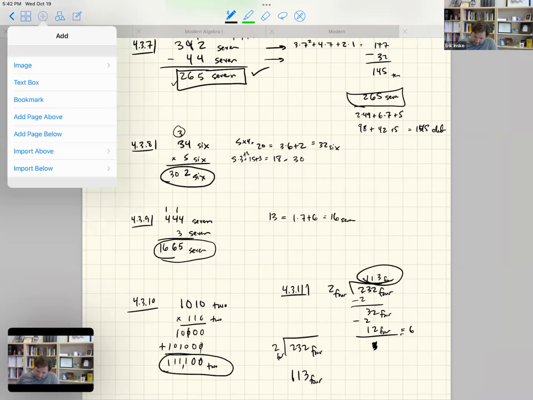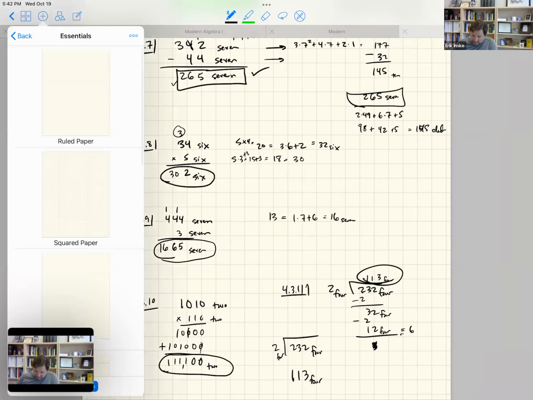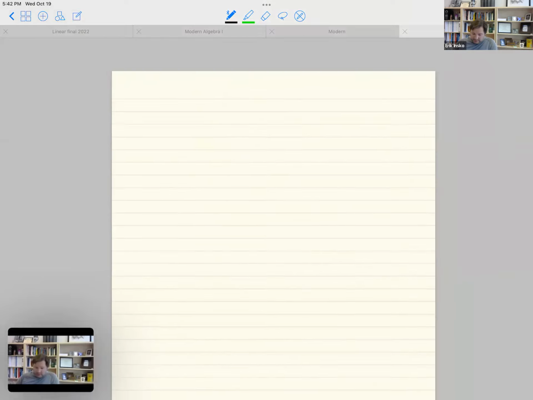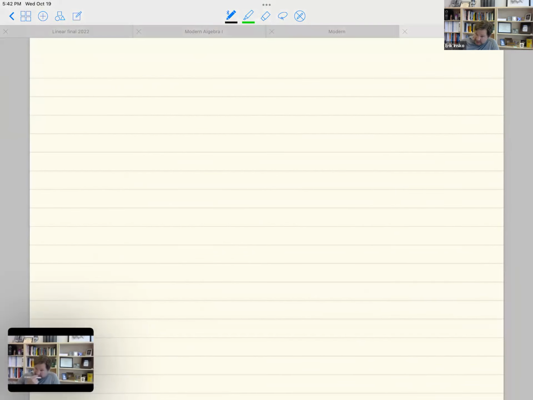Okay. Let's add one more page here. I have about 3 more minutes before I have to head to my next class. So I'll do this one more problem. So 1405 base 7 divided by 22 base 7. Okay, so this one I'm actually going to convert. So I'm going to convert to base 10.